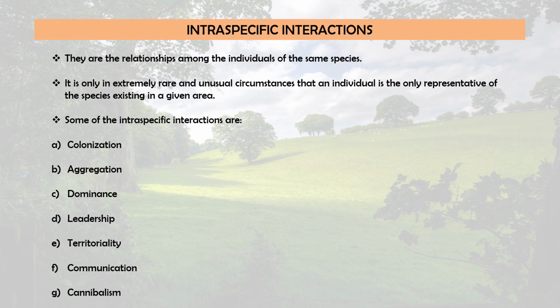Such interactions may manifest in the form of mating behavior, family formation, group formation, altruism, dominant subordinate relationship, and some other types of communication. Here are the main intraspecific interactions: colonization, aggregation, dominance, leadership, territoriality, communication, and cannibalism. We will study them one by one.